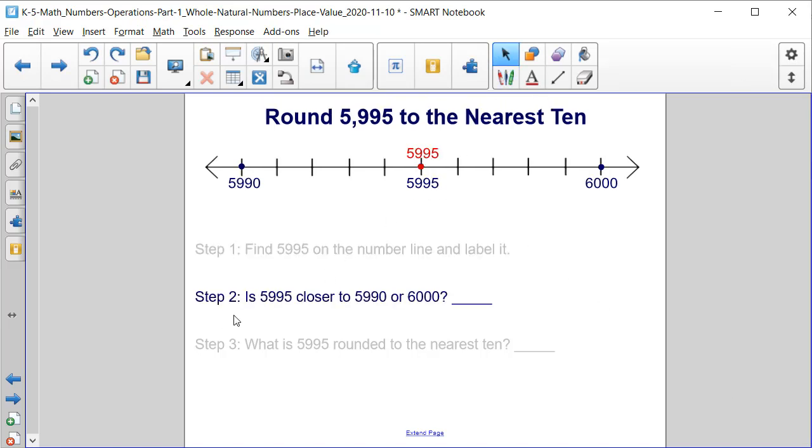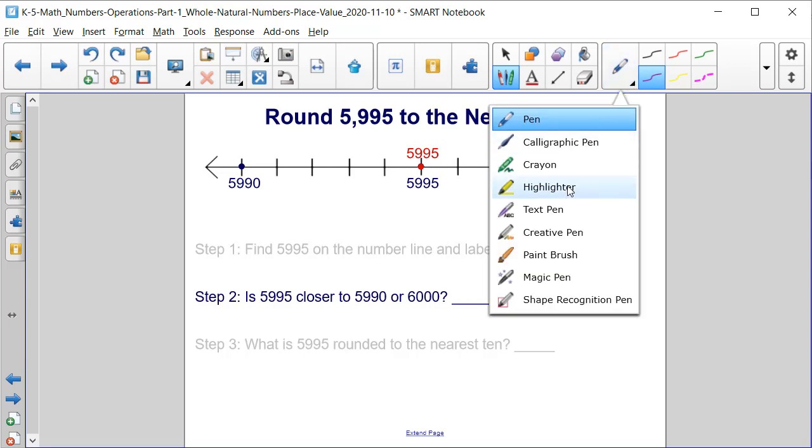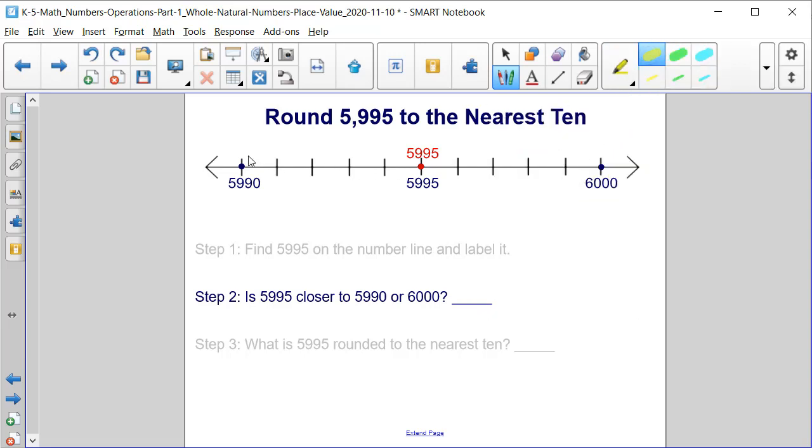Okay, so the next step is, is 5,995 closer to 5,990, or is it closer to 6,000? Well, now let's actually draw in our different colors that we've been doing to see which is closer. So there's the first part, and the second part would be over here.